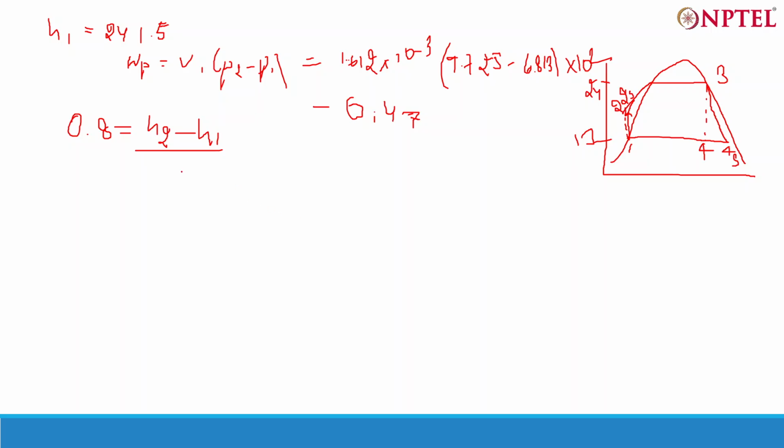So H2 minus H1 will be this value, 0.469, divided by 0.8, which comes out to around 0.59. This is 0.47, this is 0.59, the actual pump work. Similarly, you can calculate H2s because H1 is known, 241.5, so the H2s value is 242.08.